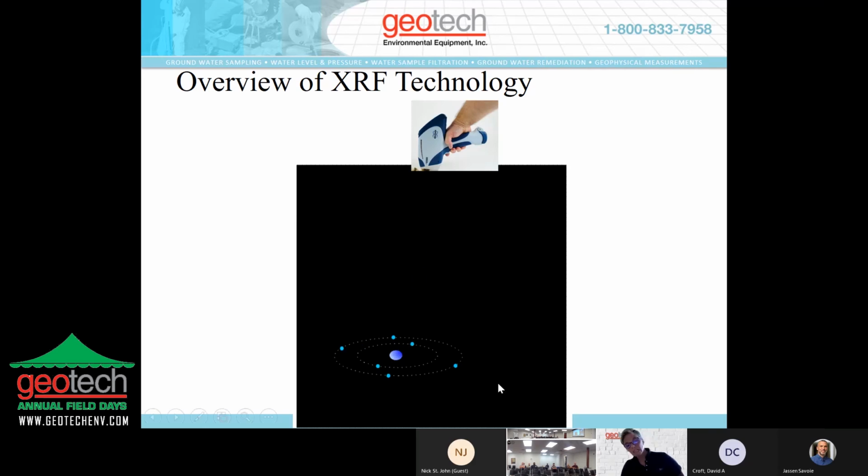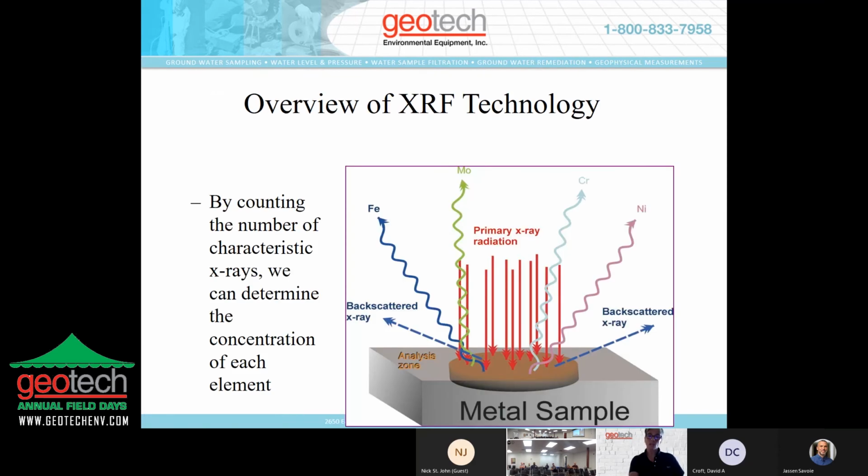And we're ejecting an electron. And that's causing ionizing radiation. We've got an atom that's unstable and it wants to become stable. So these outer shell electrons jump down to fill these vacancies, making the atom stable again. But in order to do so, it needs to give off energy. And this energy is a characteristic energy.